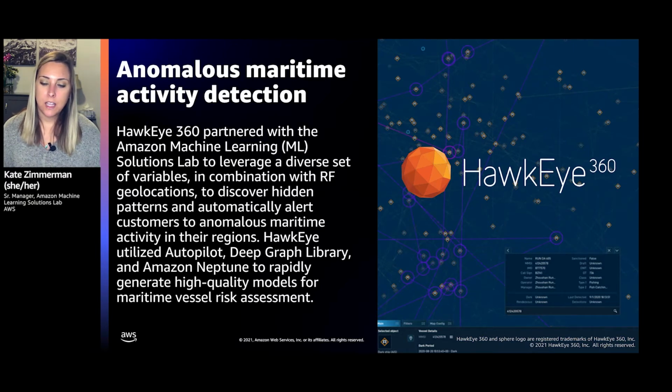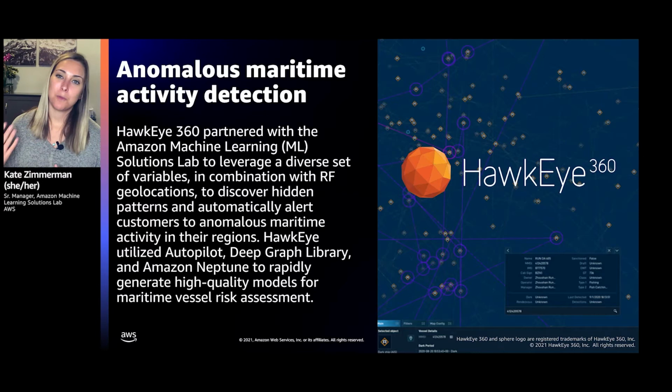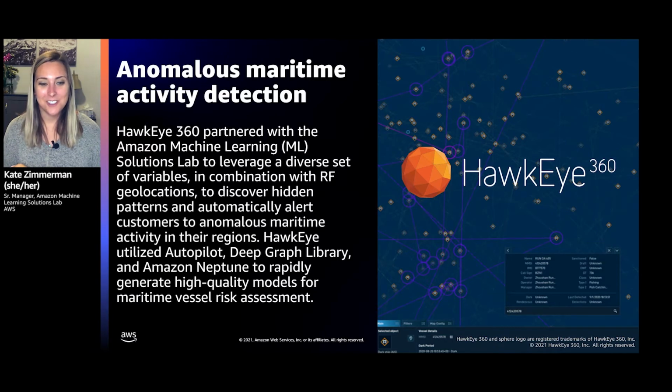With the idea being that there are certain vessels in the ocean that we know are up to nefarious things, right? That we know these different vessels are pirates. We know that this is a stolen boat, or that this one potentially has drugs, or the country that it's originating from is known to be a source of drugs in the ocean. So we're able to flag those as being kind of high risk ships in the ocean.